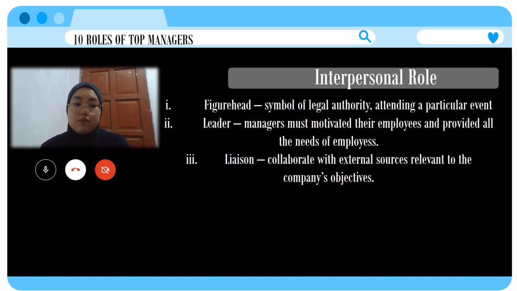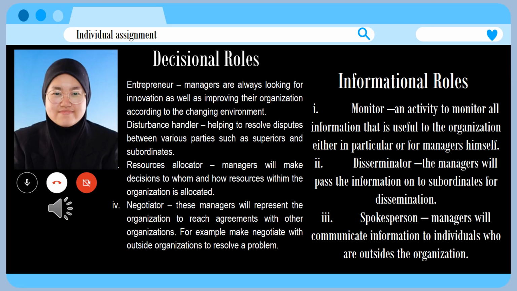So number 3 is liaison. Liaison is collaborating with external sources relevant to the company objectives. For example, a manager needs to explore contacts outside of the company to gain information that can be used by the organization. So for the second role of management, we have decisional roles.